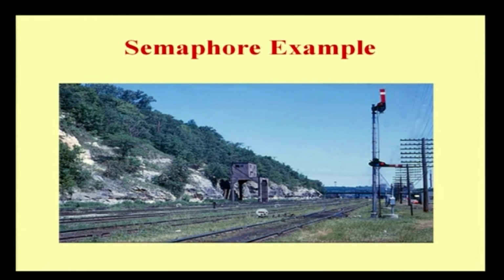Nowadays, in many of the railway tracks, we have the signals as LED or LCD lights, wherein we have red and green signals. But in the earlier days, we only had handmade signals.